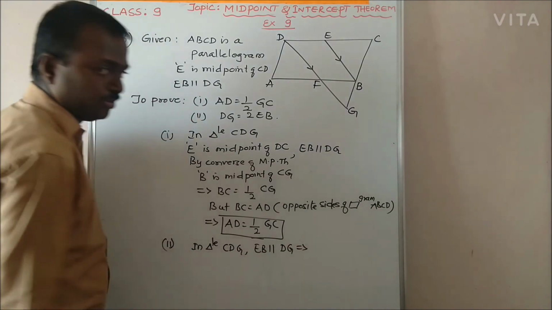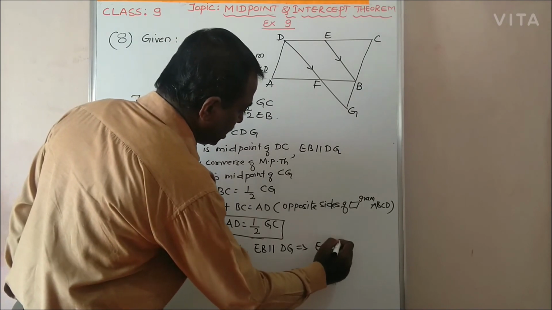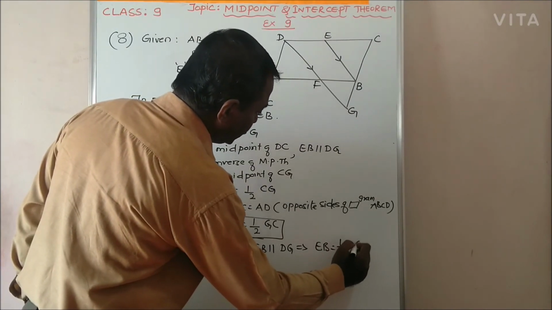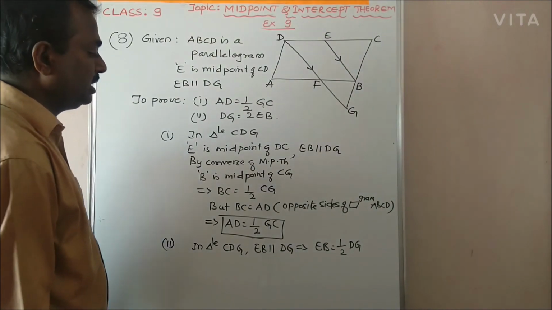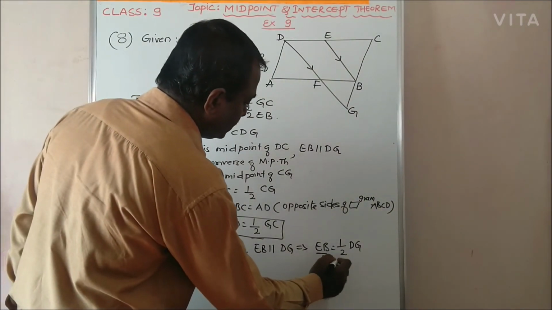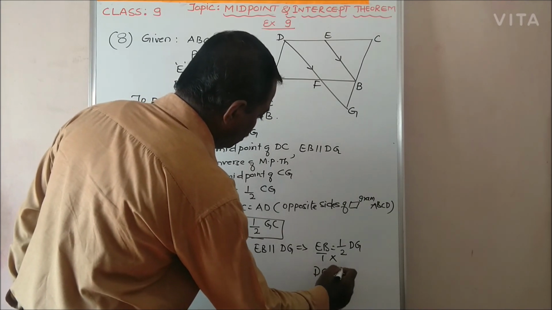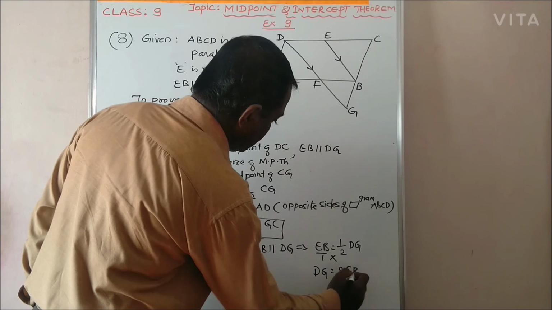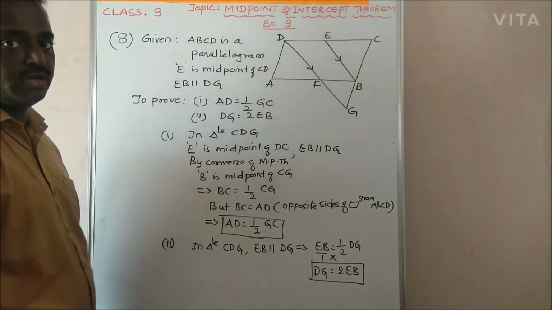This implies by the midpoint theorem, EB is equal to half of DG. Correct? Now you cross multiply. Therefore, DG is equal to 2 times EB.